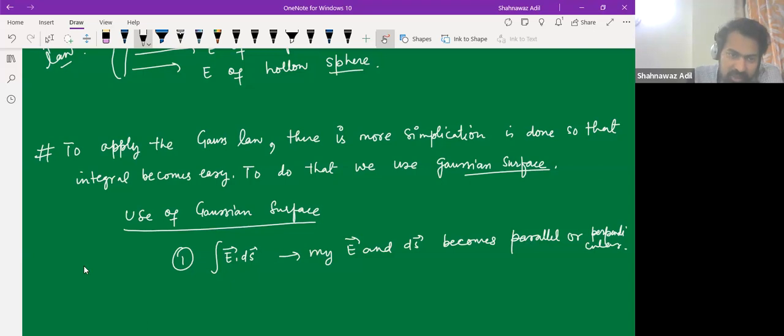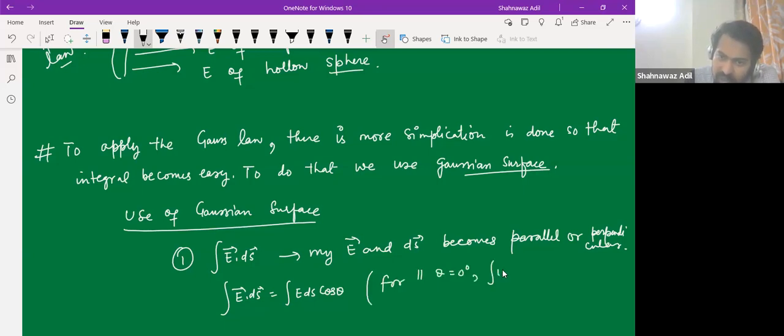So if this becomes parallel, this would be E ds simply, right? Because we know that E dot ds is E ds cos theta. For parallel, theta becomes 0, so E dot ds becomes simply E ds.